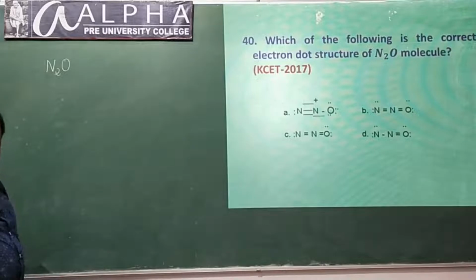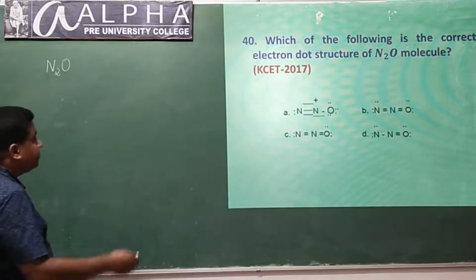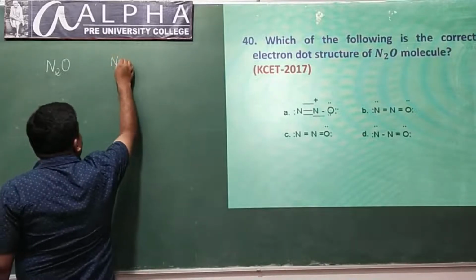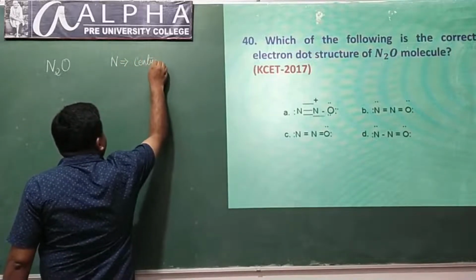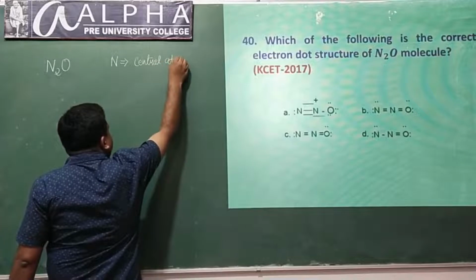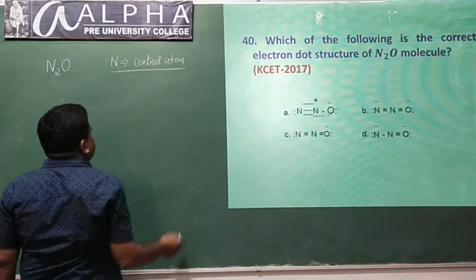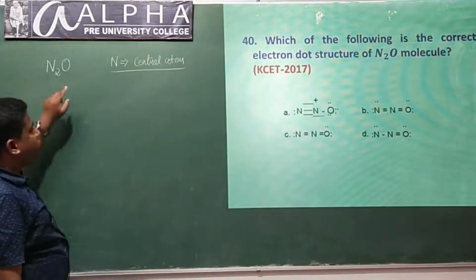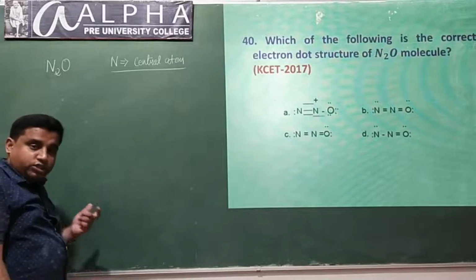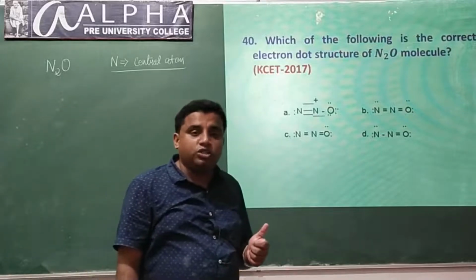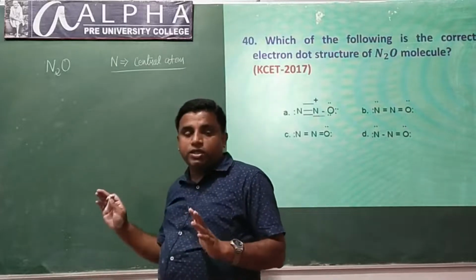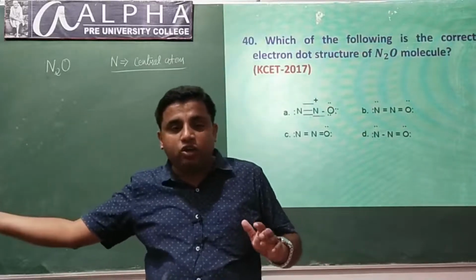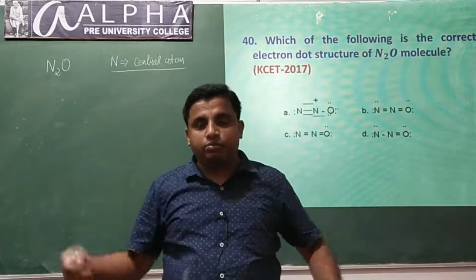Then consider nitrogen as the central atom, because nitrogen is less electronegative than oxygen. There are 2 nitrogen atoms. Use one of the nitrogen as the central atom. The other nitrogen and oxygen are going to be the terminal atoms.